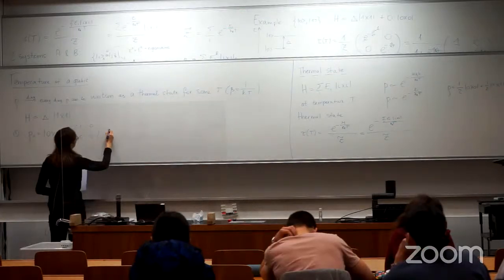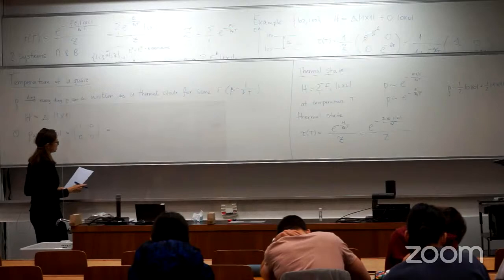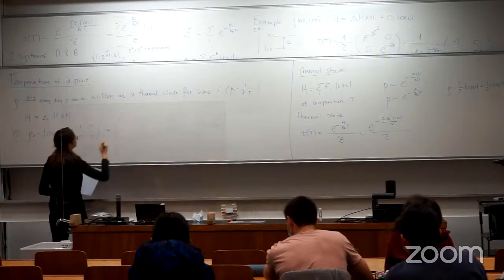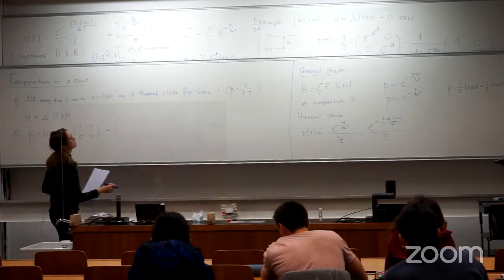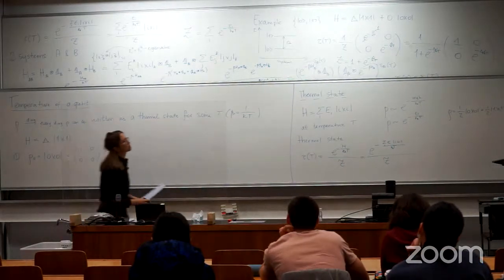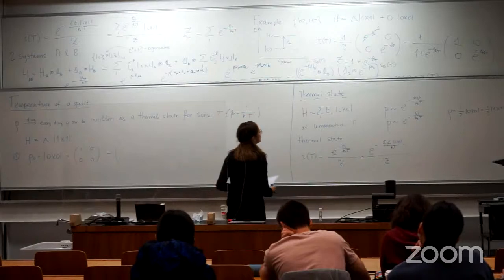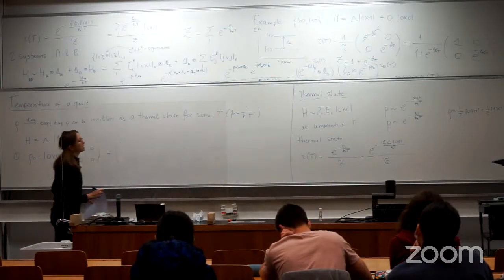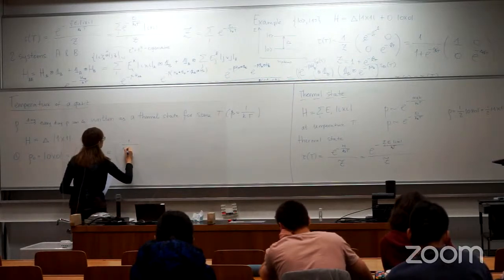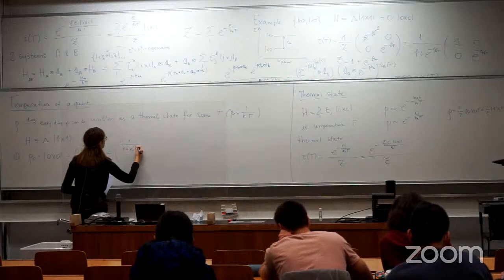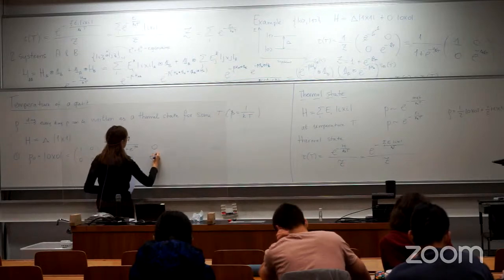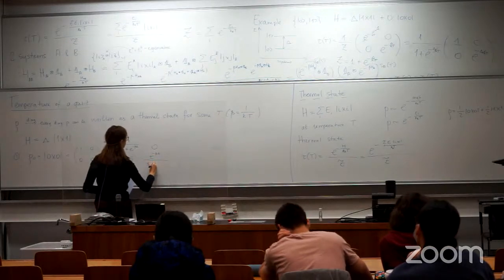Suppose it corresponds to some temperature T or beta, then we know that the thermal state for the qubit can be written as the expression we have in the example. We just write beta instead of 1 over kT. So here we have 1 over 1 plus e to the power minus beta delta for the 0, 0 element, and e to the power minus beta delta over 1 plus e to the power minus beta delta.